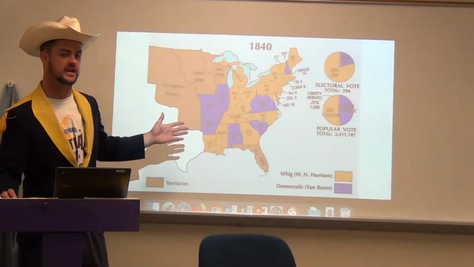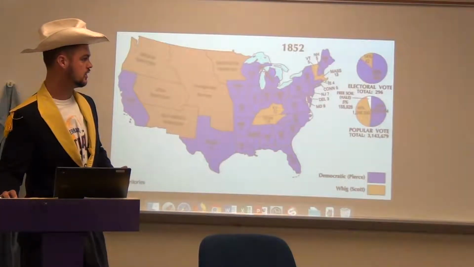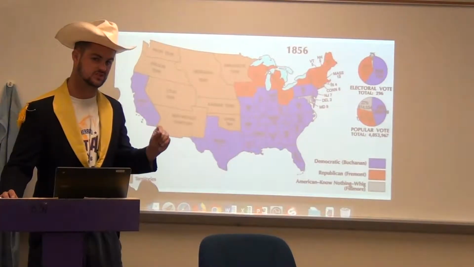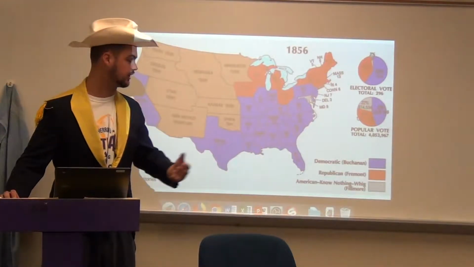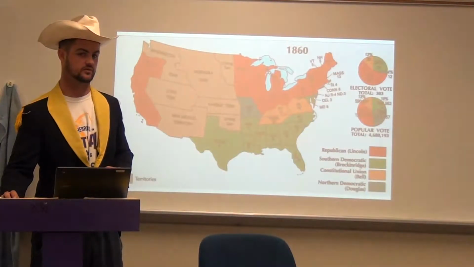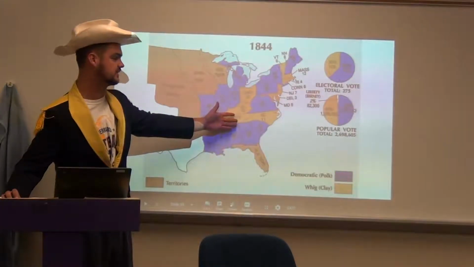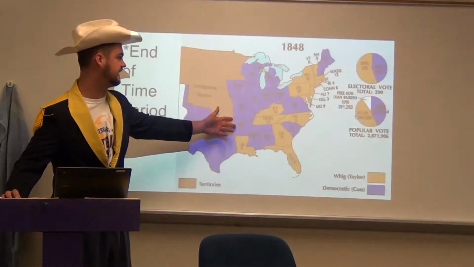between 1840 and 1852. But in 1856, a pattern starts to emerge. In 1860, the pattern manifests itself. What you see here is before, nobody really talks or cares about slavery all that much. Everyone's benefiting.